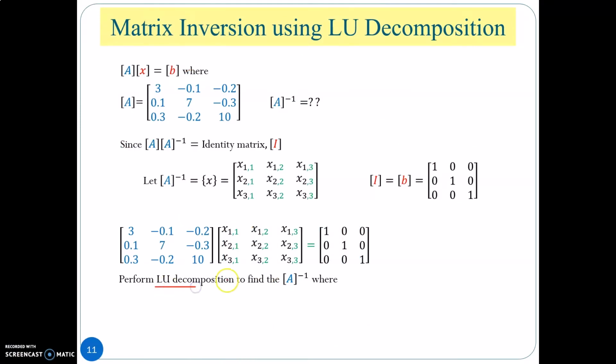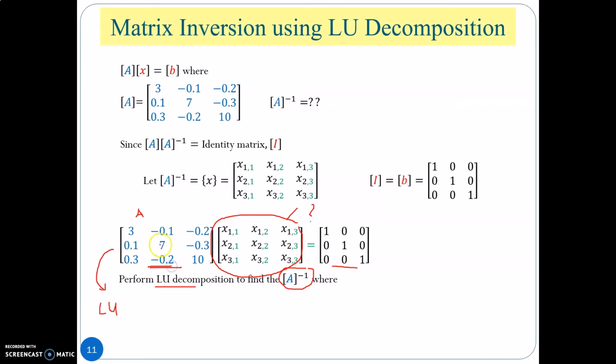Let's perform the LU decomposition to find the inverse matrix of A, which is this term. By using your output, which is the identity, and also the system matrix, we are going to find this. First of all, you find your LU from your A matrix.